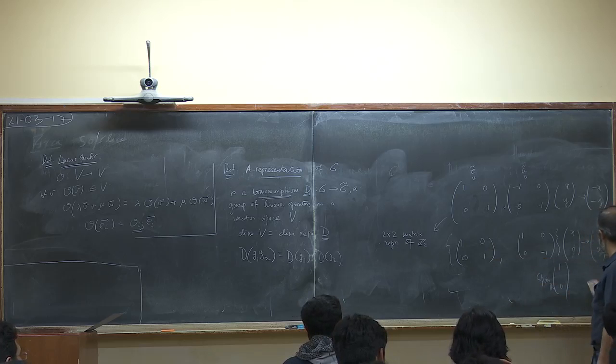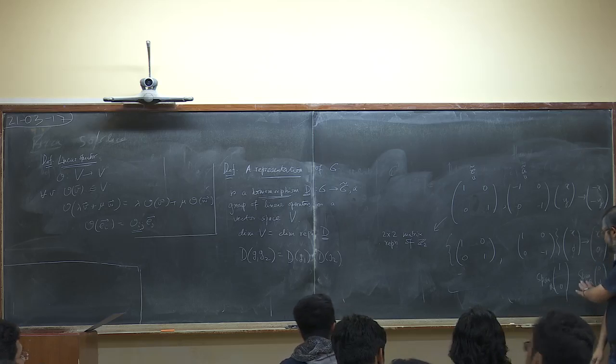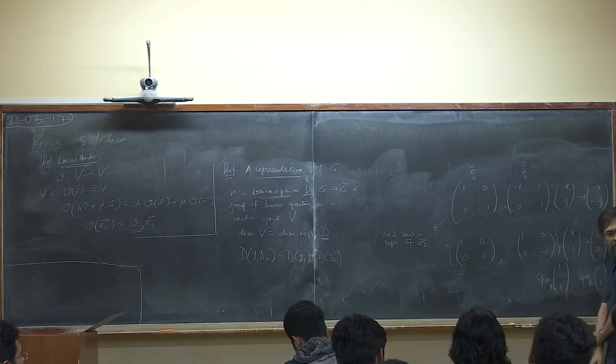On the other hand, this fellow is not. Okay? So there is a non-trivial representation on this, but there is no non-trivial representation of this.